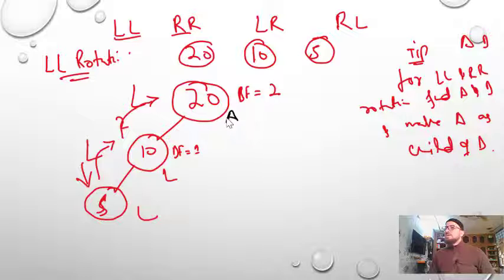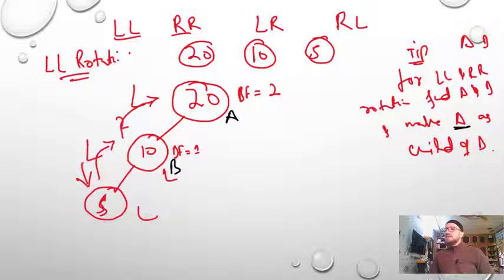Now this is my A and this is my B. A is the one who has a wrong balance factor, and B is the next node after it. I will make A a child of B. Now make this 20 a child of 10.